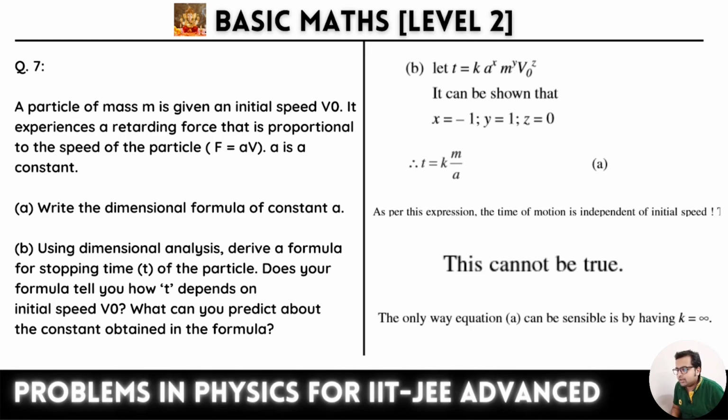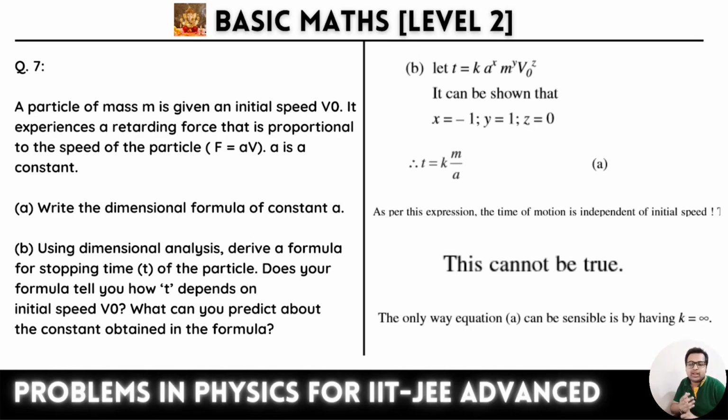Interestingly, if you do in-depth observation, you find that t should be dependent on v. It is a very basic observation. For example, we know that if a particle is moving faster, it will experience more retarding force. More retarding force means it will stop early, and if the particle is moving slowly, it will experience less retarding force, so it will stop after some time; the stopping time will be larger.